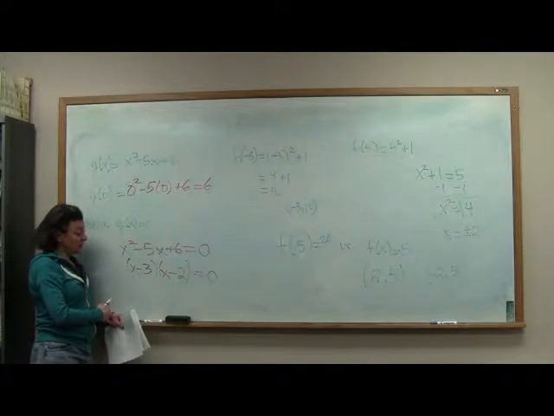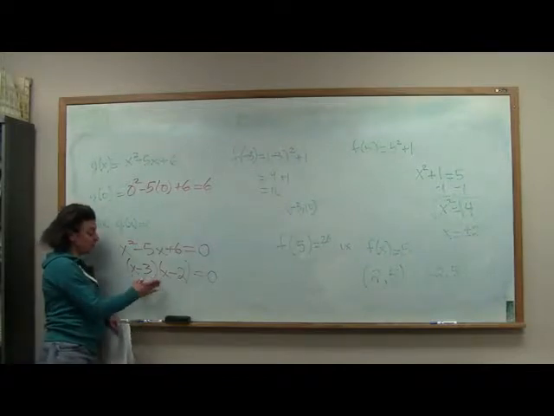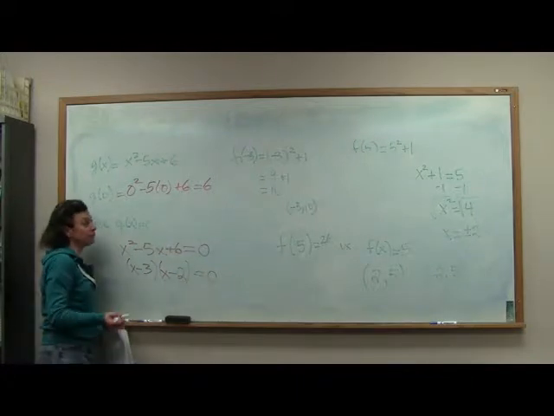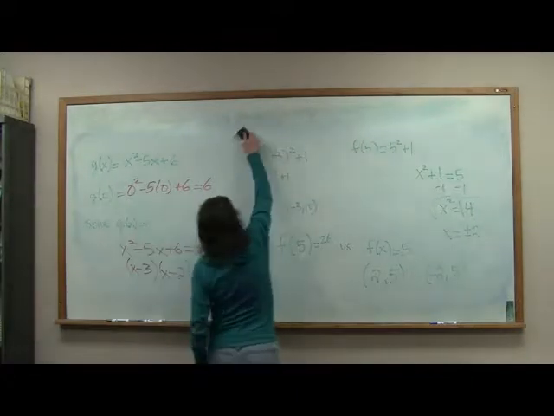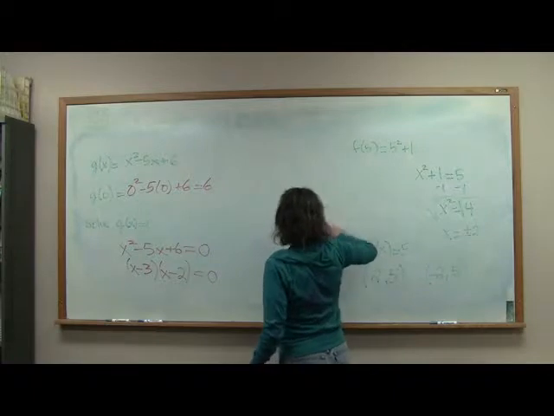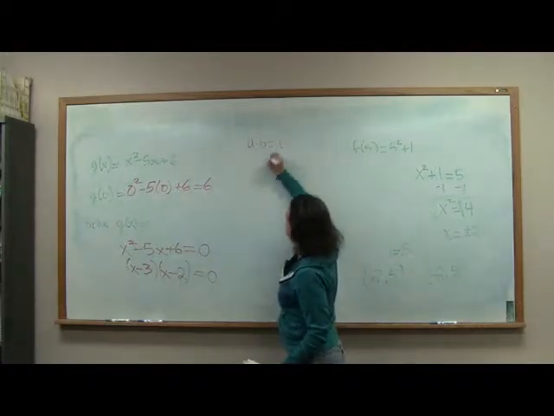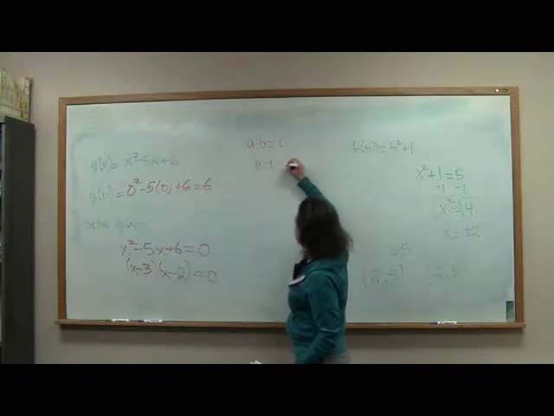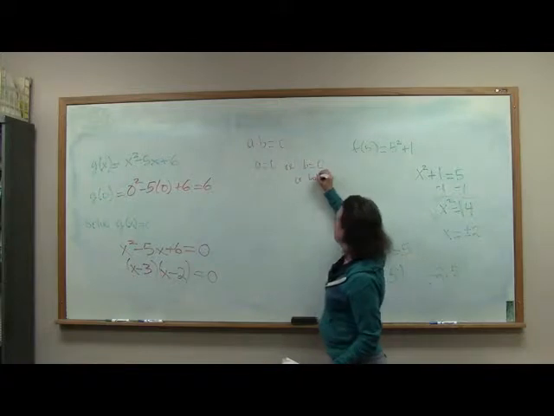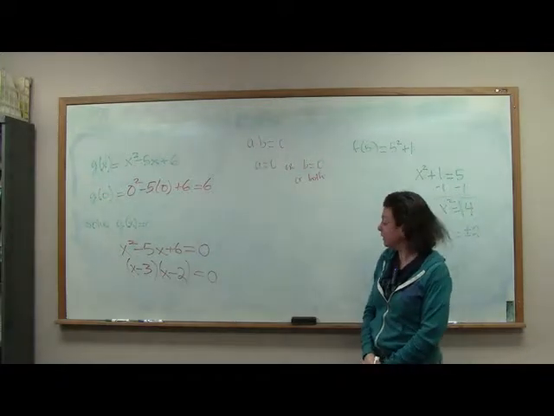Now, what we're going to use is our property of 0. Notice I have the product of 2 things equal to 0. Something you may or may not remember from a previous class is if you have the product of 2 things equal to 0, either the first one is 0, the second one is 0, or both are 0.